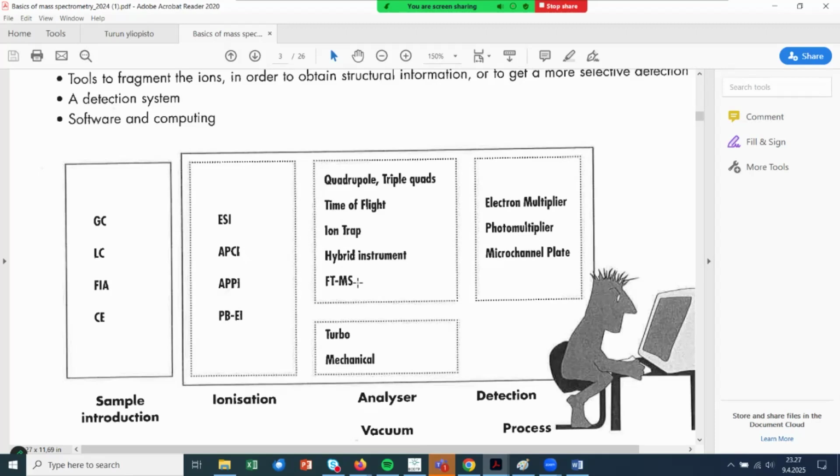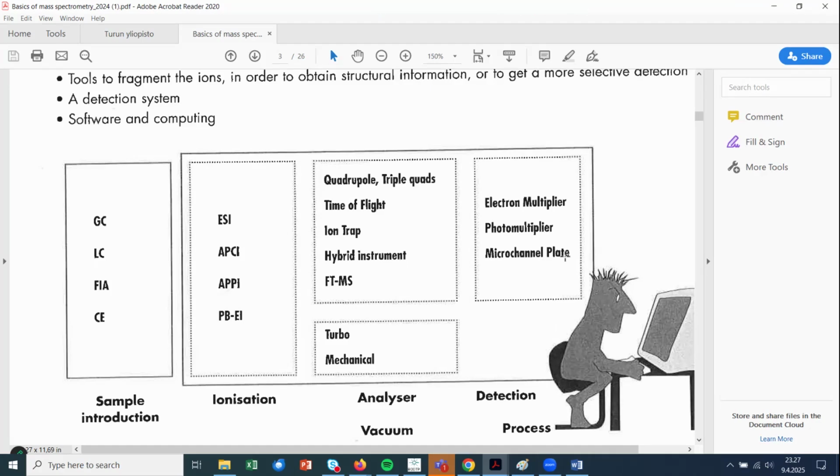What happens after the ionization is the real analysis. So this is the analyzer part of the instrument, and we have different techniques. This part does the important work of analyzing what we have in there. After the analyzer there is still the detection process, which is based on an electron multiplier or photon multiplier or microchannel plates.